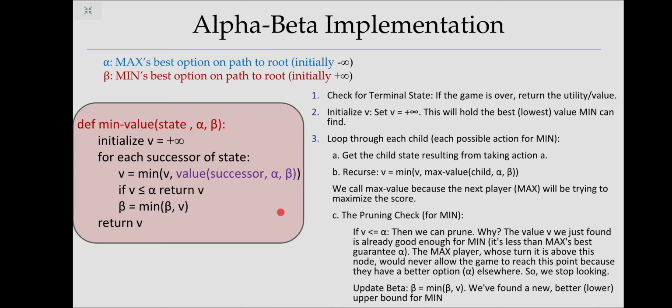Because of that, the max player considers v and compares it with its option. Alpha is the option of the father.